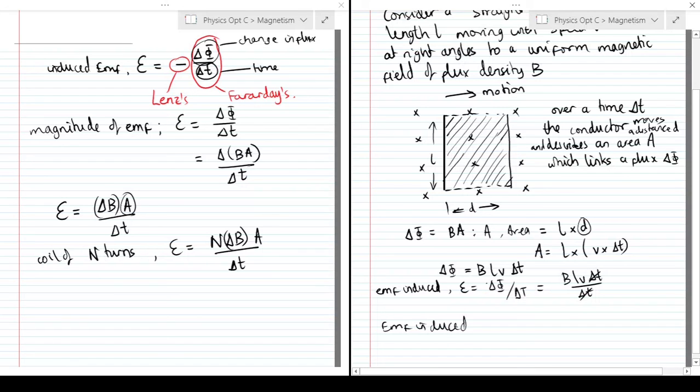The EMF induced, E is BLV, for a straight conductor of length L moving with a speed V at right angles to a uniform magnetic field of flux density B. That gives you the EMF induced in such a conductor itself, right?